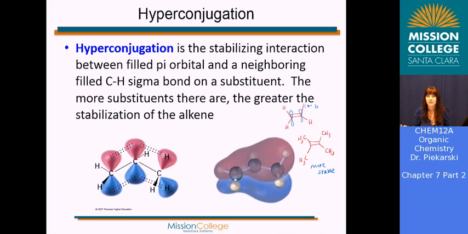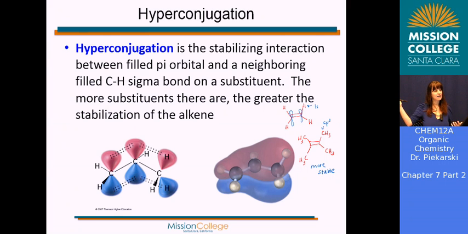There's not a lot of volume to it, right? Whereas if I have carbon over here, for example, what is the hybridization of each of those carbon atoms? These carbon atoms are sp3 hybridized, which means they have bigger orbitals, right? There's more volume to it. So when we combine all these big orbitals to make bonding molecular orbitals, the electrons have more space to kind of move around, right? And so we call that, in a sense, hyperconjugation.